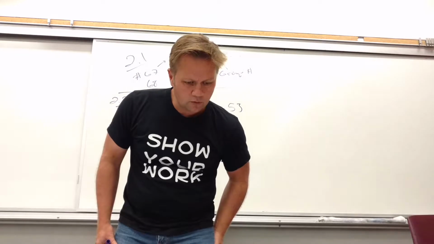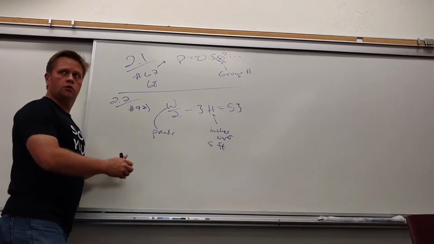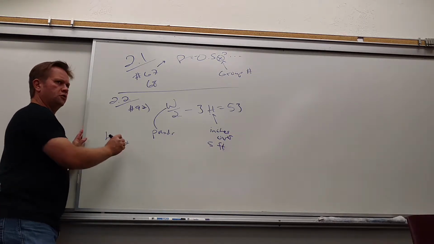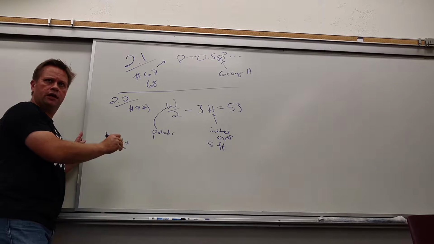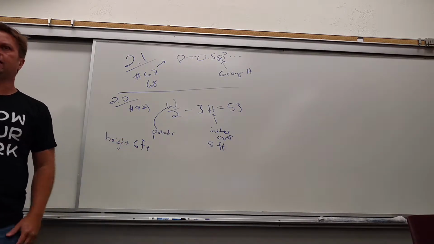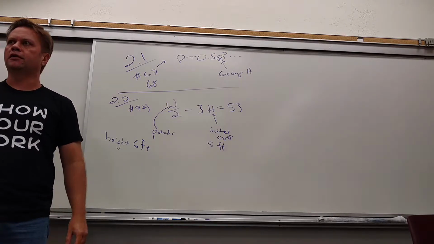The height. So 92 says, and they give it to you, which is way nicer than I would be: if I'm 6 foot tall, how many inches over 5 feet am I? 12. They actually tell you that H is 12 in this problem.